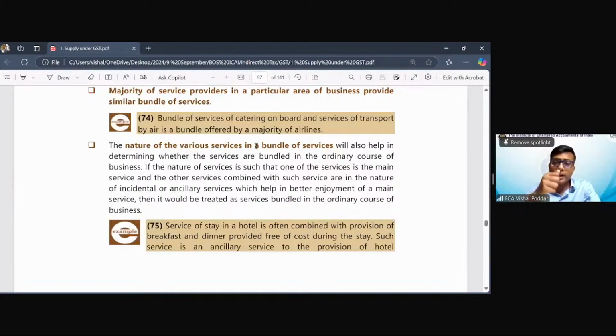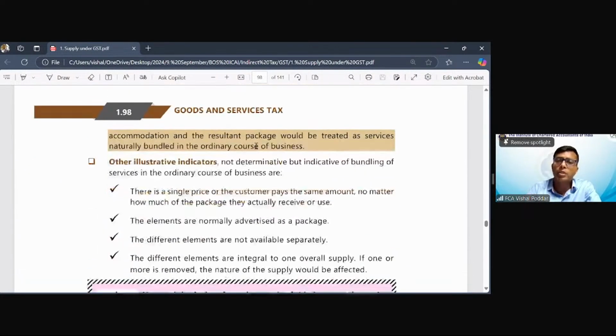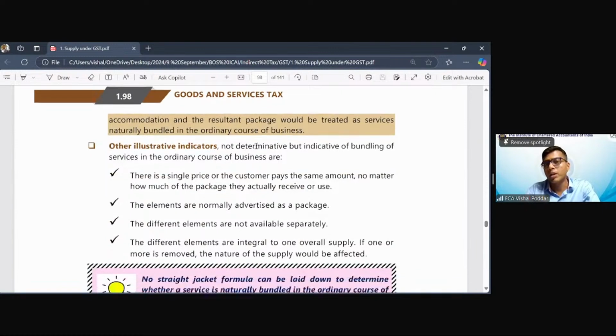Like, if I take a cup, a tie, and a shoe and make one package, this cannot be naturally bundled because these are dissimilar items. They do not match in terms of nature. So you have to check whether these items by nature match each other. Only then can you call it naturally bundled.